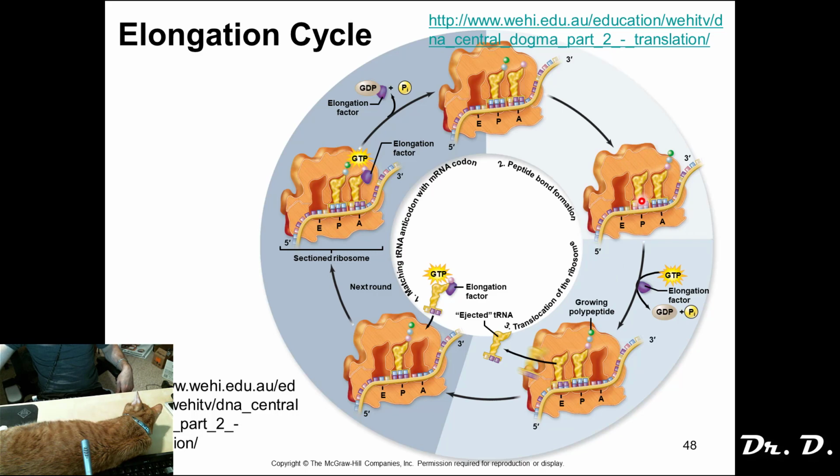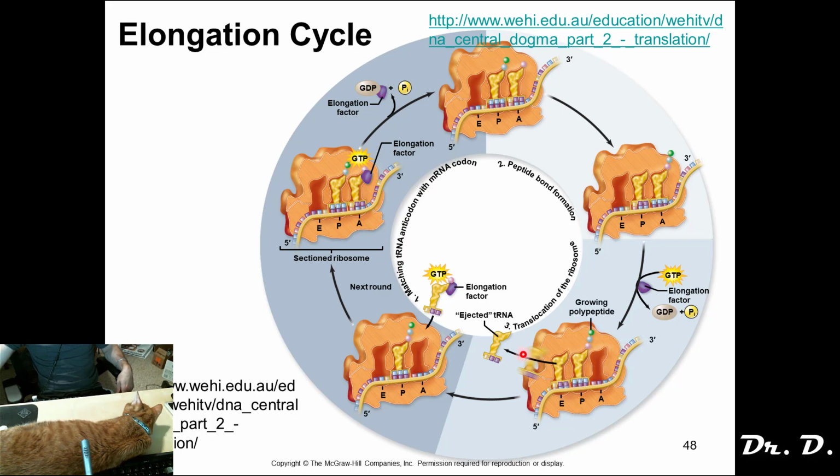That means the tRNA in the P site shifts to the E site, the tRNA in the A site shifts to the P site, and the A site becomes empty, right? So you've got the tRNA from the P site now in the E site. You could think of the E site as the ejection site, where the tRNA gets ejected out of the ribosome. The tRNA with all the amino acids attached is now in the P site.